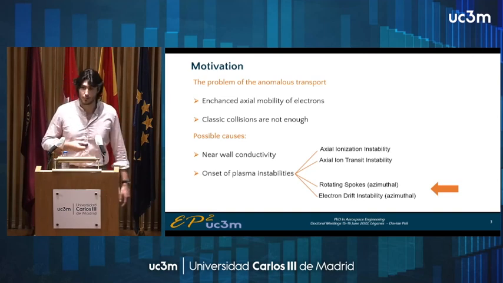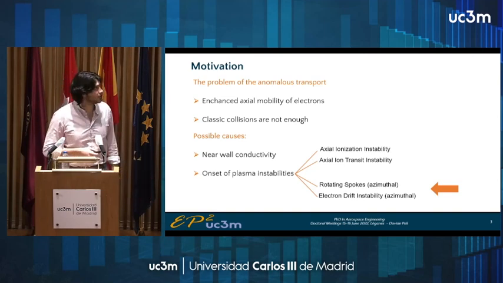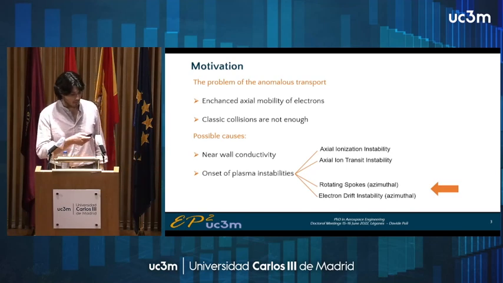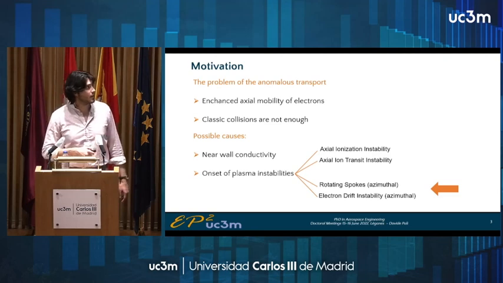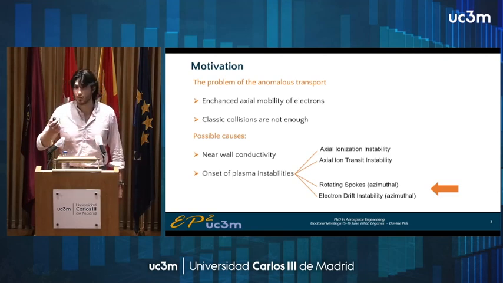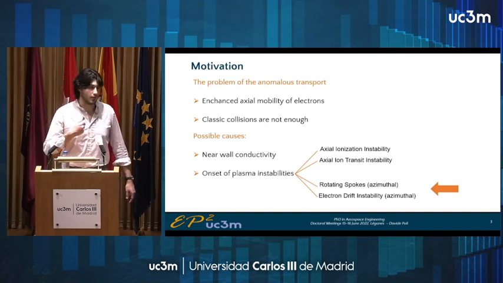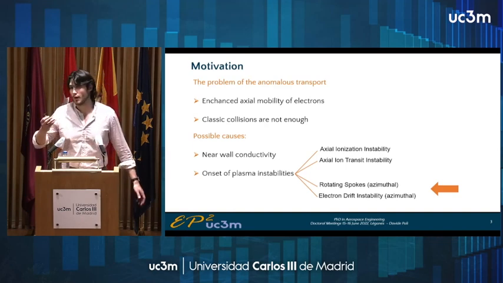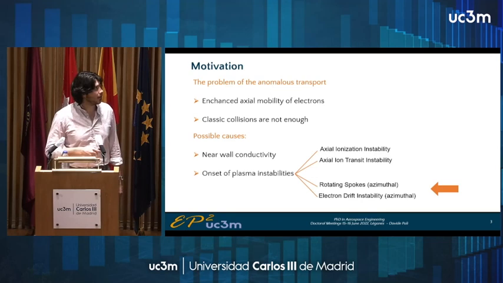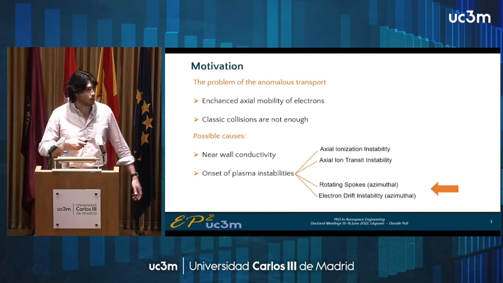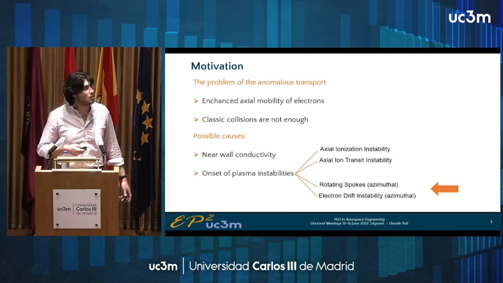There are two possible causes, which are near-wall conductivity, developed first by Morozov, or the onset of plasma instabilities, among which we can find, in the axial direction, the ionization instability that some call breathing mode, or ion transit instability, and in the azimuthal direction, what are called rotating spokes, and the electron drift instability. As you've seen, we are mostly interested in the azimuthal ones: how they grow, how they dampen, and how they couple, maybe also with the axial ones.